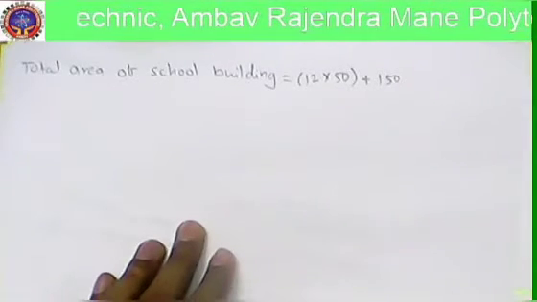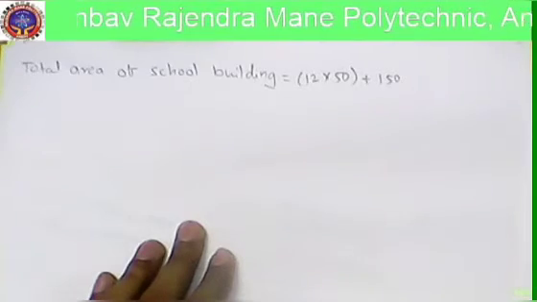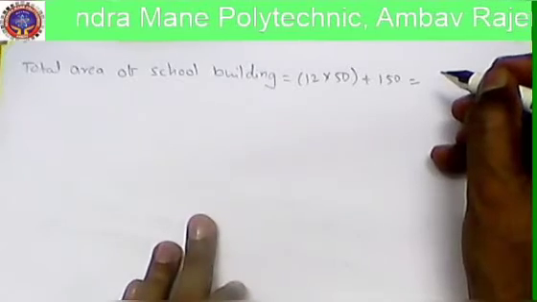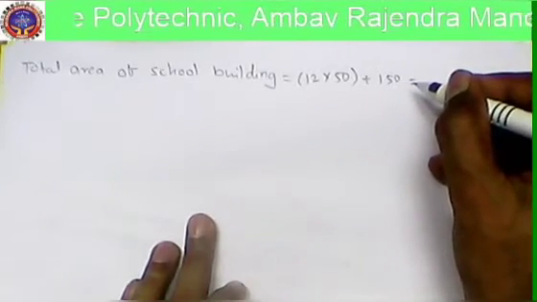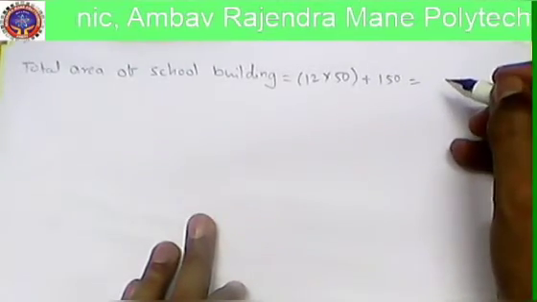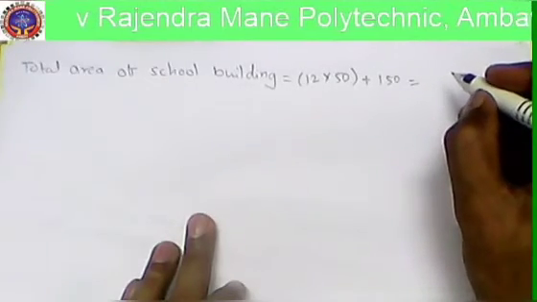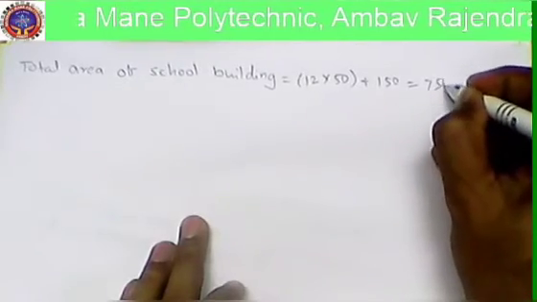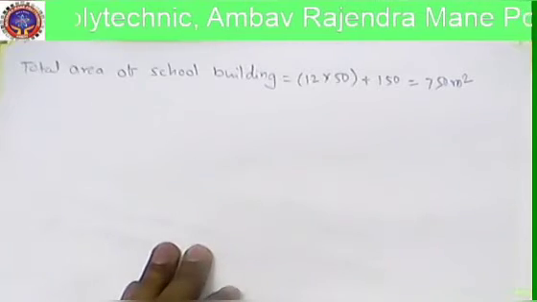So 12 into 50 plus 150, that is 600 plus 150, which is equal to 750 square meter. So this is the total area of the building.